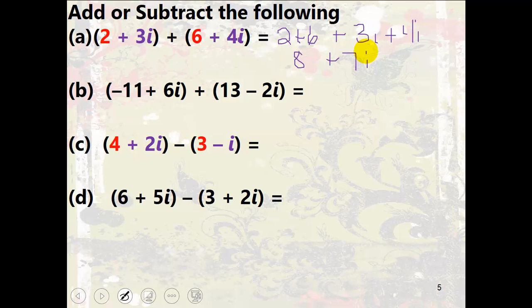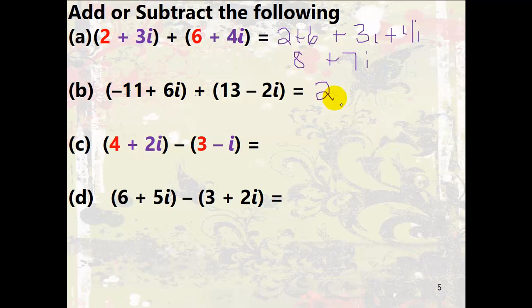Now you go ahead and add the two complex numbers in example B. All right, so I'm going to go negative 11 plus 13. Negative 11 plus 13, that's 2.